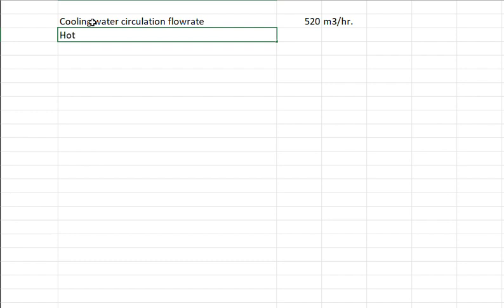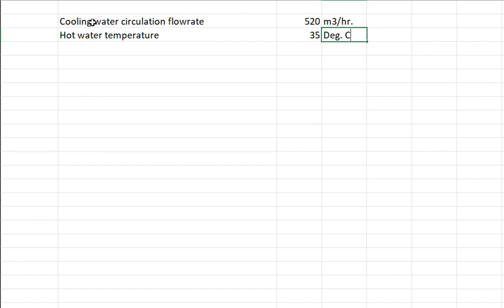Here I have mentioned the hot water temperature, which is the temperature of the hot water returned from the plant. I'll just assume it, as that temperature may vary based on the heat duty available in the plant.